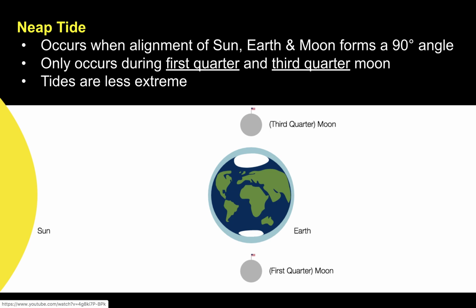And in this case, tides are less extreme because the moon pulls the water, in this picture, you can imagine it pulls it up and down, where the sun pulls it from side to side. And so there's really not that big of a difference between the high tide and the low tide, as you can see in this picture. That is called our neap tide.